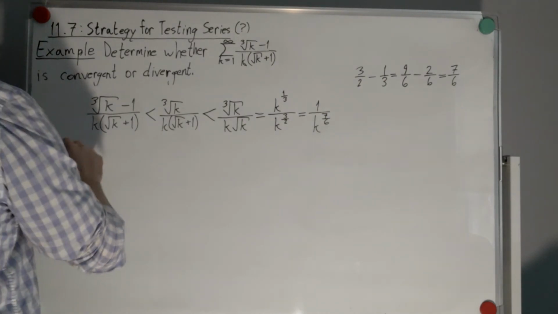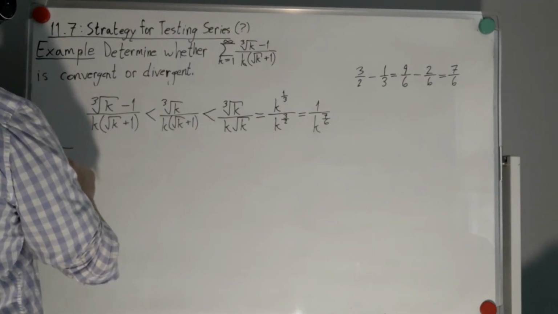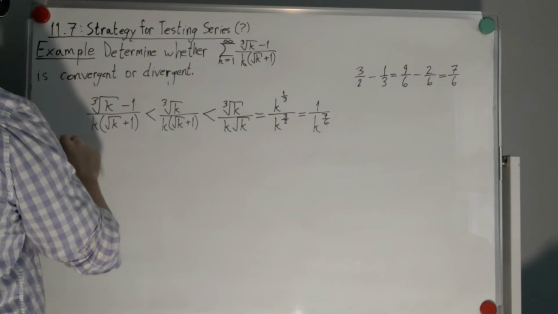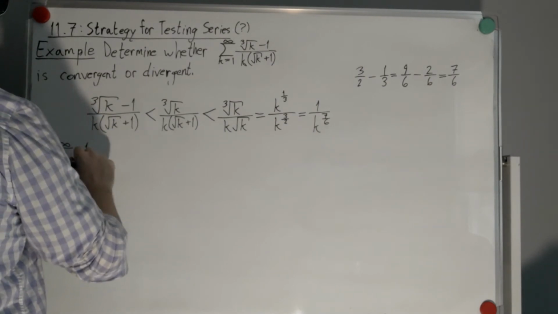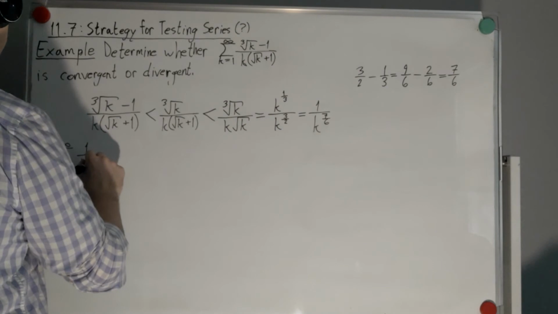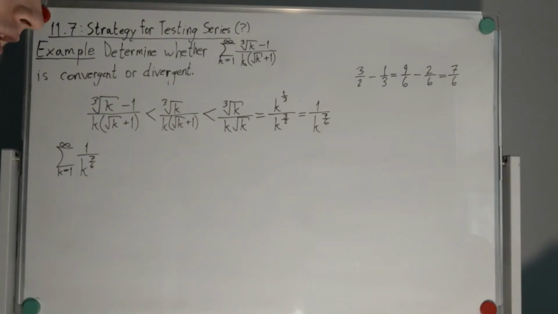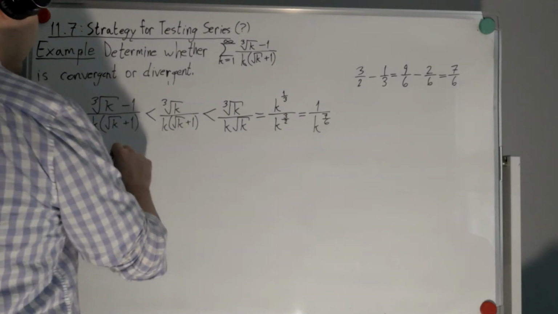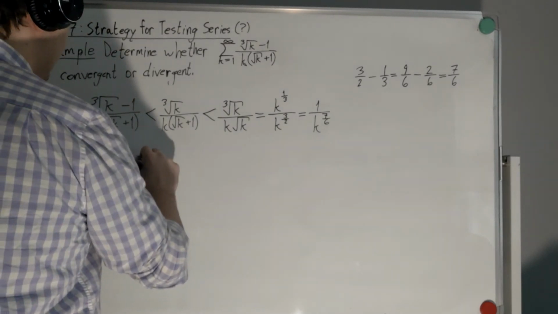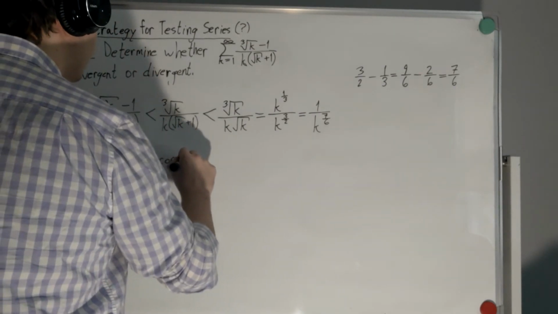So let's see here. The sum from k equals 1 to infinity of 1 over k to the 7 over 6. Well, that would be a convergent p-series, right? Because 7 over 6 is, of course, greater than 1. So this is a convergent p-series.